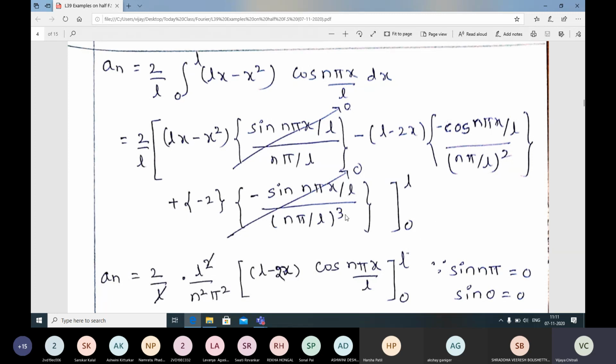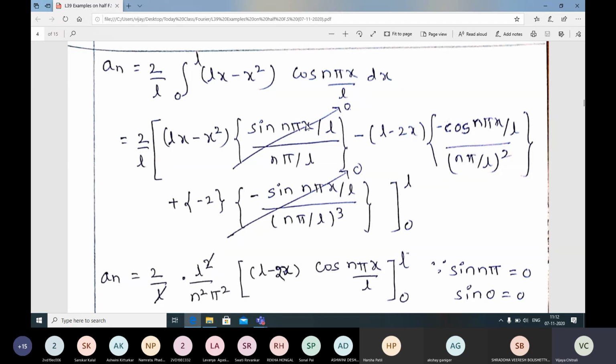Next, here observe we have the sine function and limits as 0 to L, so I'll take advantage of this. Substitute in place of x as L. So L gets canceled, sine n pi, and sine n pi is 0. We know this, right? So this will be 0 for the upper limit.